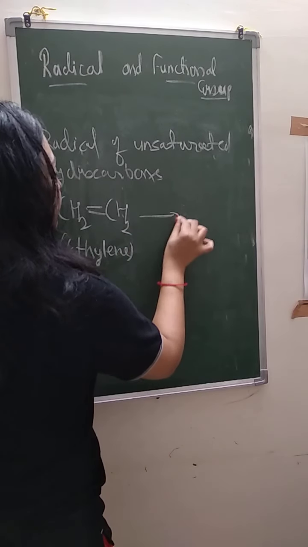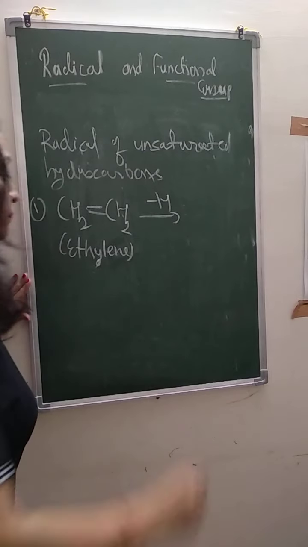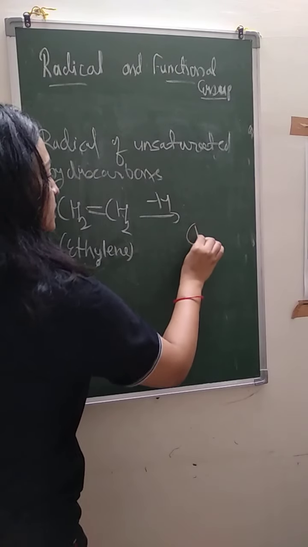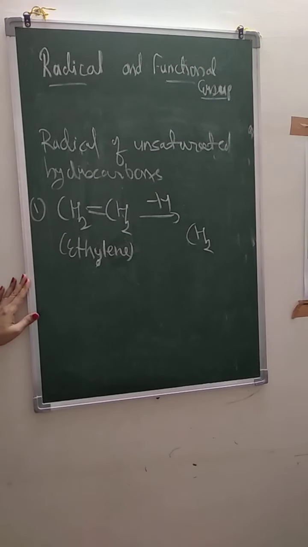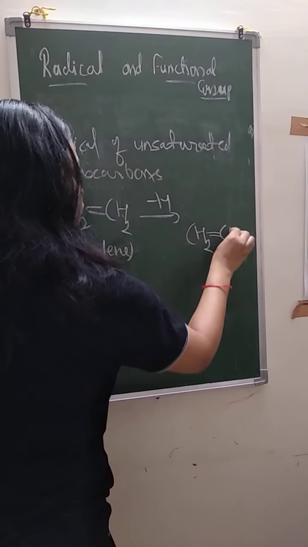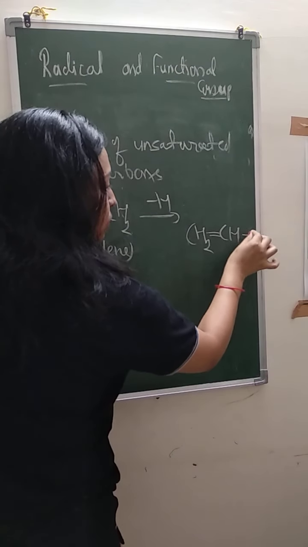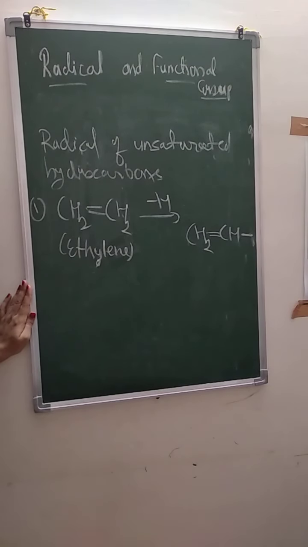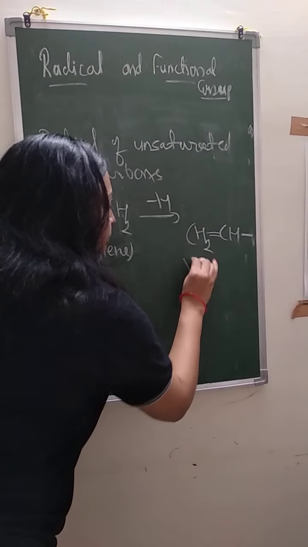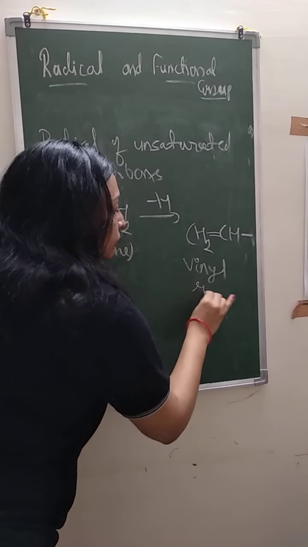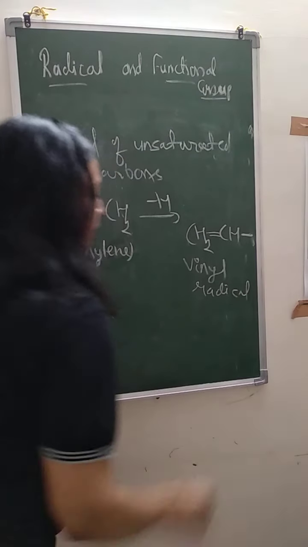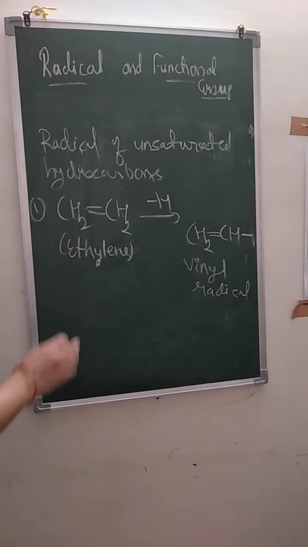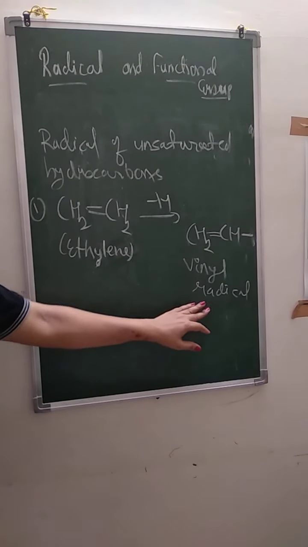And from this ethylene, when one hydrogen is removed, then it becomes CH2 with CH. One hydrogen is removed from here, and along with this one vacant position. And the name of this unsaturated hydrocarbon radical is vinyl radical. Clear? When one hydrogen is removed from ethylene, then it becomes vinyl radical.